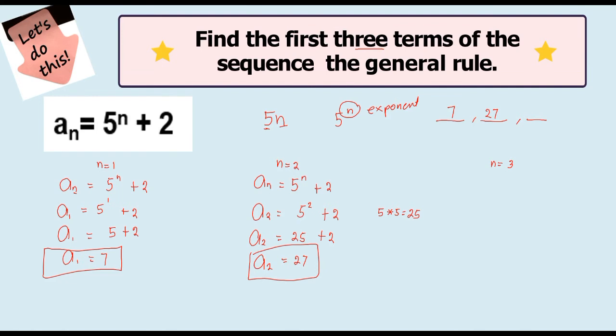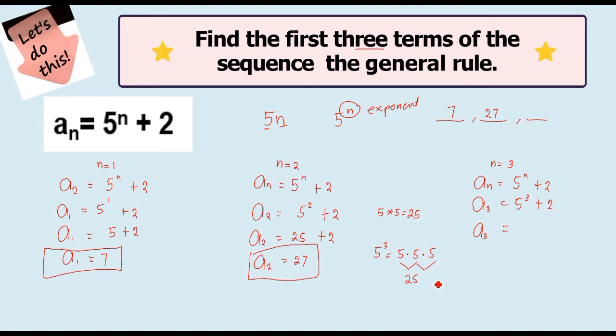So, let us have the third term. So, ang general rule ulit ay a sub n is equal to 5 raised to n plus 2. So, ang n natin ngayon ay 3. So, a sub 3 equals 5 cube plus 2. So, a sub 3 equals, so ang 5 cube po, that is equal to 5 times 5 times 5. So, multiply natin, 5 times 5 is 25 times 5.